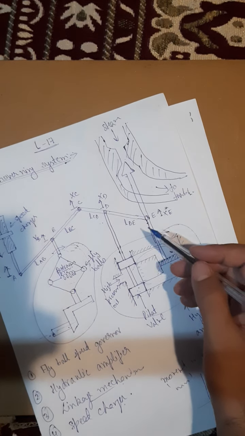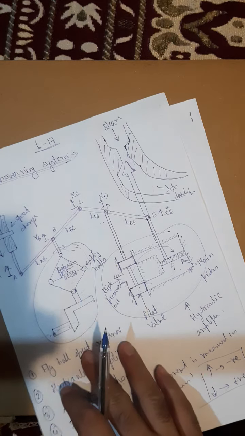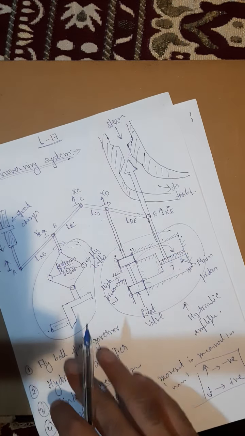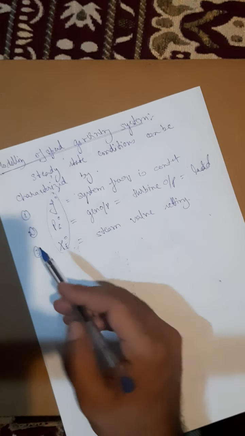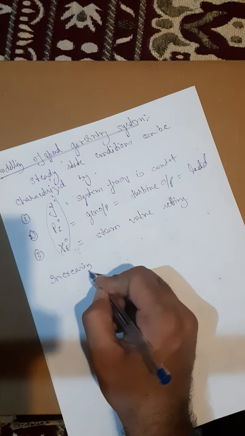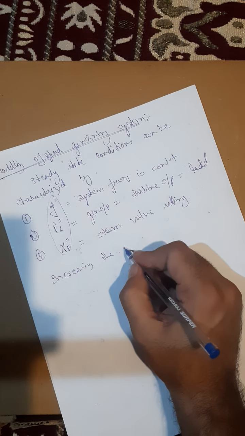Now suppose I am increasing the turbine power by delta PC. With the help of this speed changer, I am increasing the turbine power by amount delta PC.